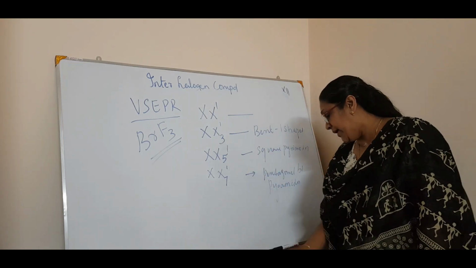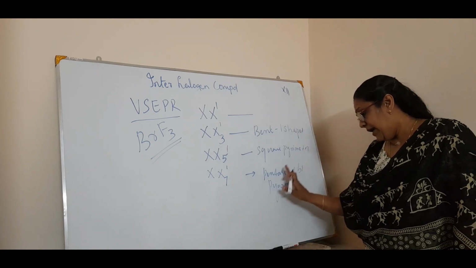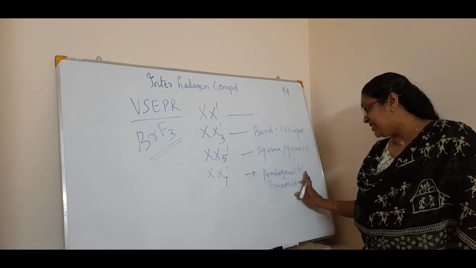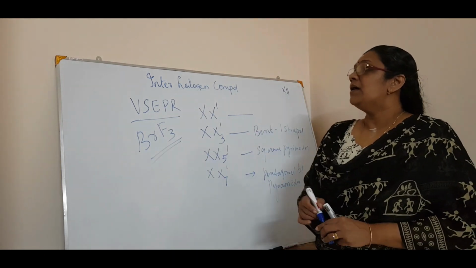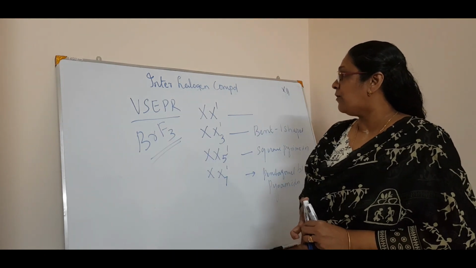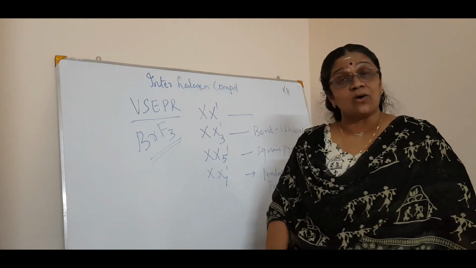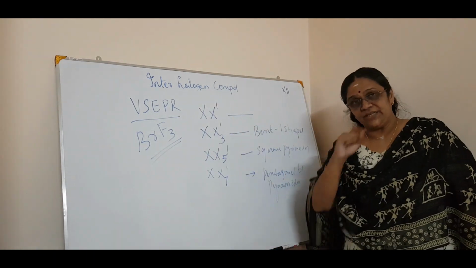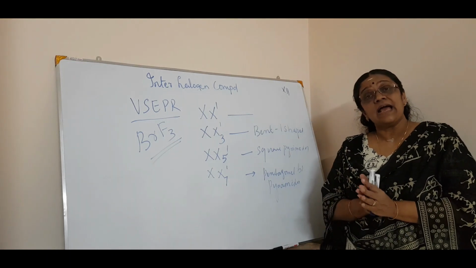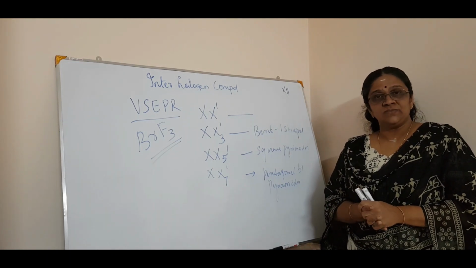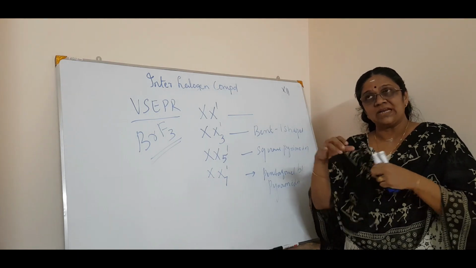XX'5 is square pyramidal. And XX'7 is pentagonal bipyramidal. So these are the shapes of the interhalogen compounds according to the VSEPR theory. So you got it? This is all about the interhalogen compounds.